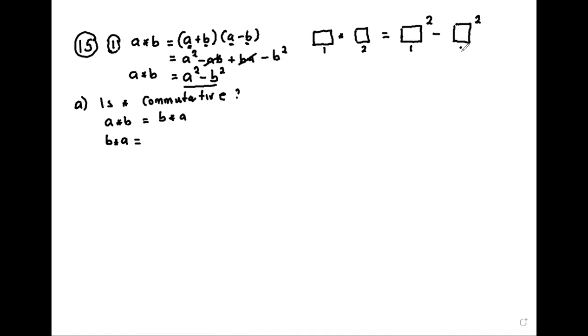Now, when we have B star A, B will be here, A will be there. This means B star A is going to be B squared minus A squared.